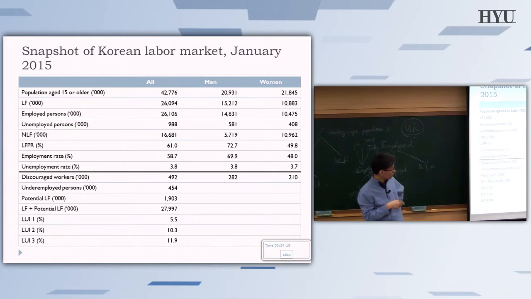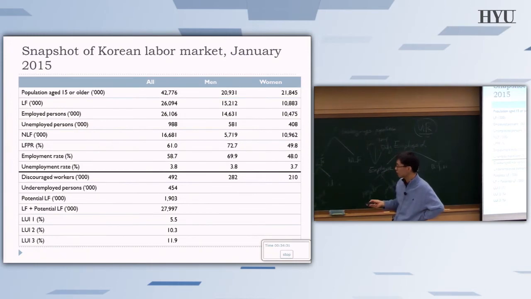Discouraged workers are about 500,000, according to the current statistics. Underemployed persons, we have about 500,000. Potential LF, we have about 2 million.